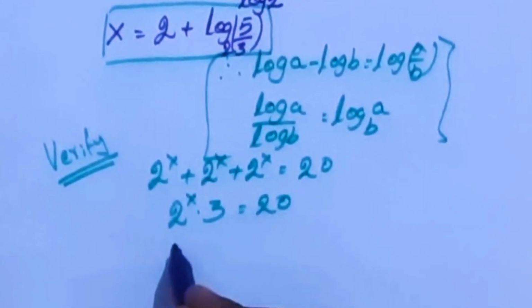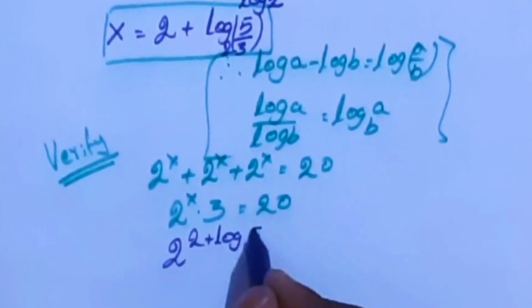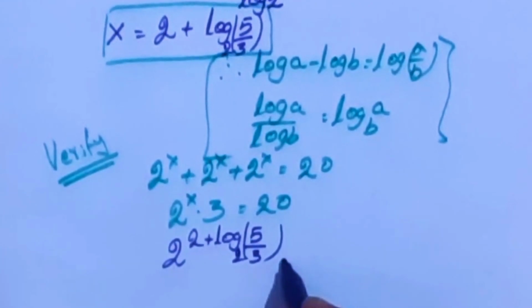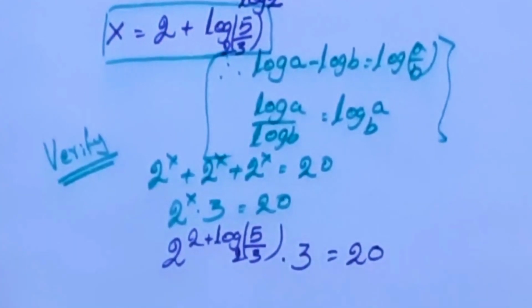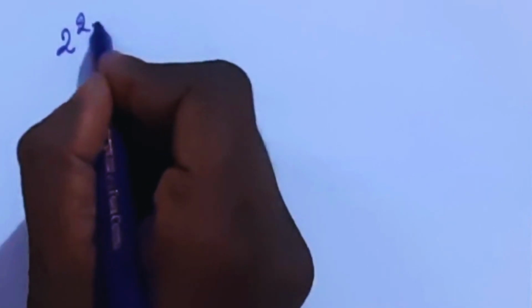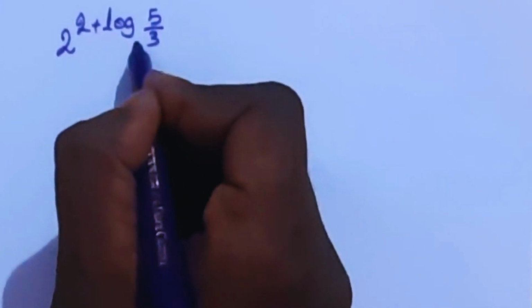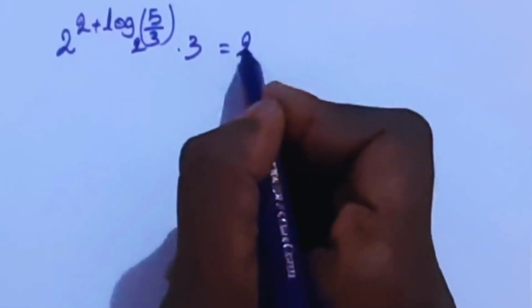So 2 power 2 plus log 5 by 3 base 2 times this 3 equal to 20. Now 2 power 2 plus log 5 by 3 base 2 times 3 equal to 20.